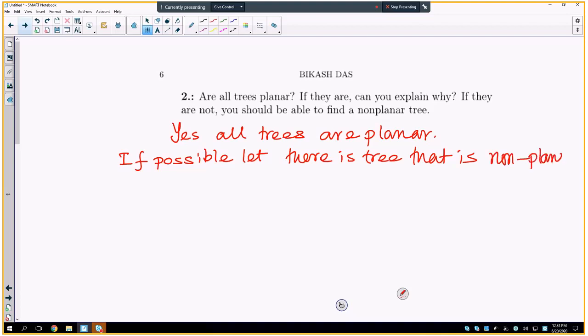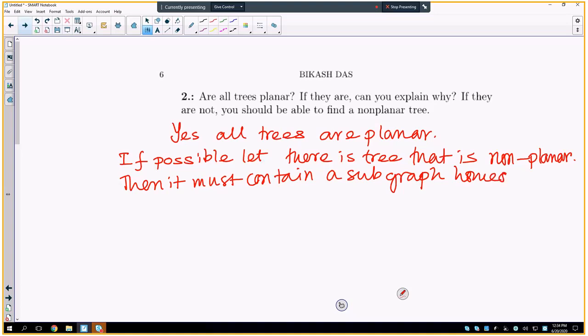Then by Kuratowski's theorem, it must contain a subgraph homeomorphic to either K33 or K5.